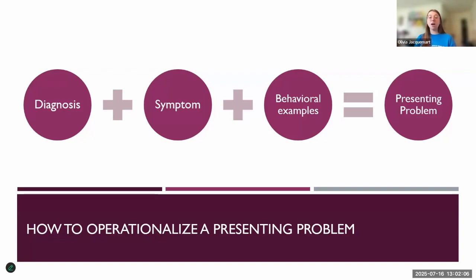So as a supervisor, there are some things that you will need to be aware of that may be missing when it comes to the presenting problem. So what other symptoms have they experienced, such as depressed mood or hopelessness? And how long have they been experiencing these symptoms? What's the actual length of time?